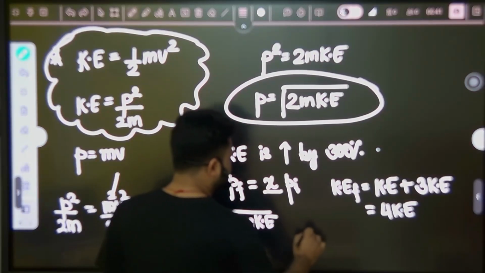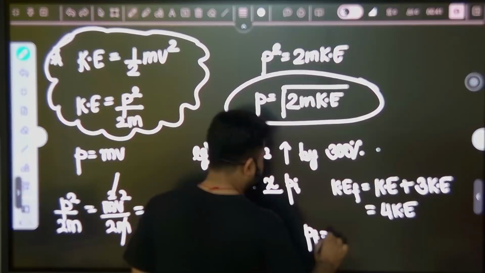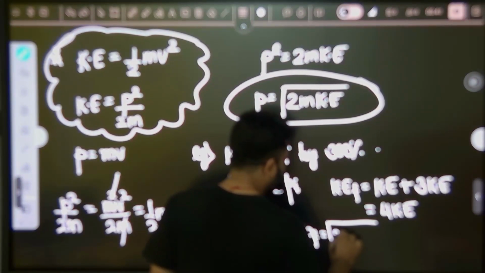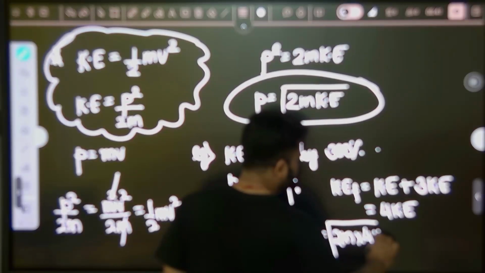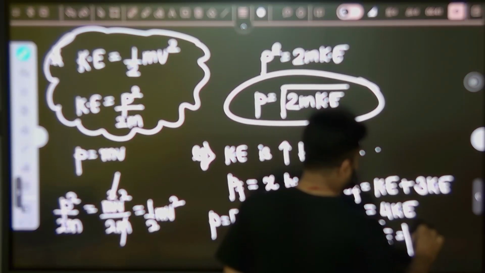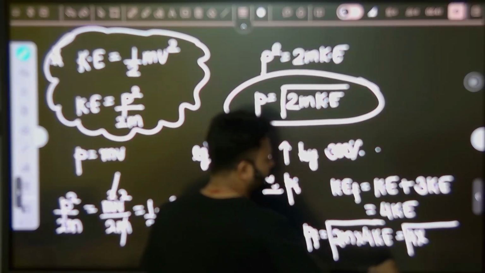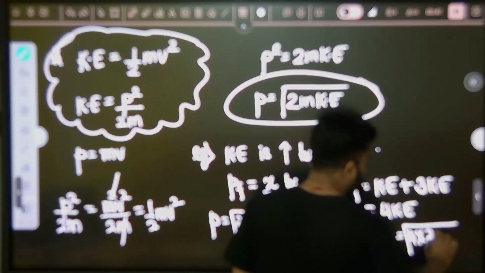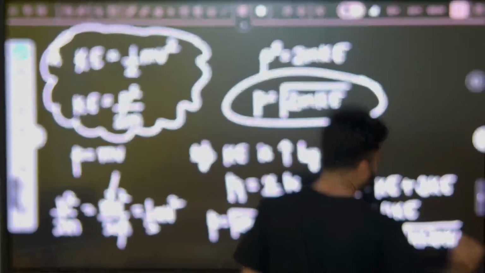So final momentum you can write as under root 2m final kinetic energy, that is 4 times initial kinetic energy. So you can write under root 4 into 2m initial kinetic energy.